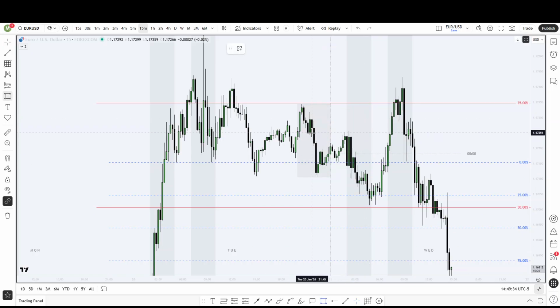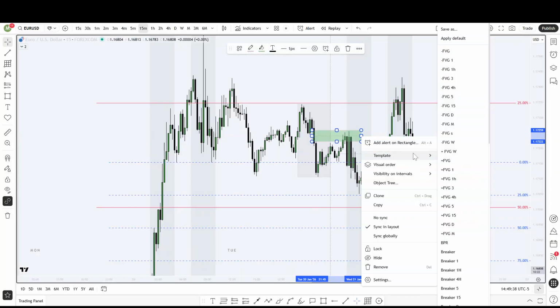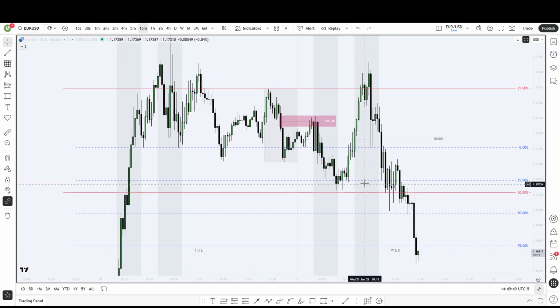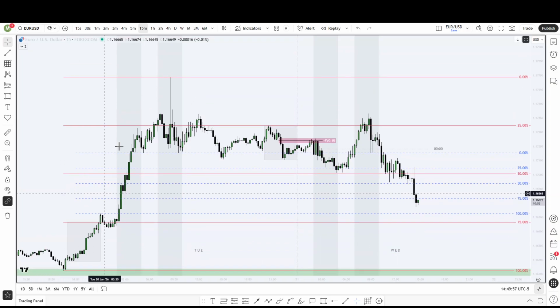You can see there's the fair value gap and the body is far below the midpoint of this fair value gap, then price traded lower. And here it becomes interesting because the 25% level is also there with a fair value gap, very close to the 50% level of this entire dealing range, right?